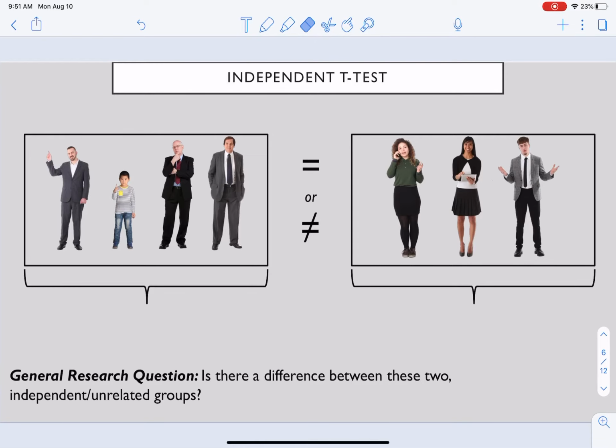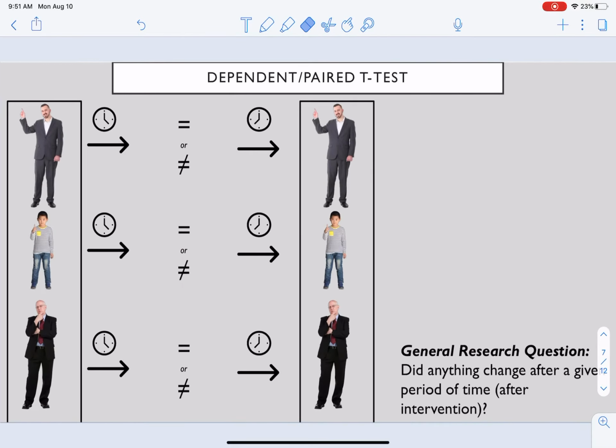And then in the situation where you've got the same people just after some period of time, well, then that's a paired t-test. So we've got some persons, and maybe instead of heights, because that's probably not going to change, we could say that we're looking at maximum heart rate. And we want to see if some exercise program changes the max heart rate.